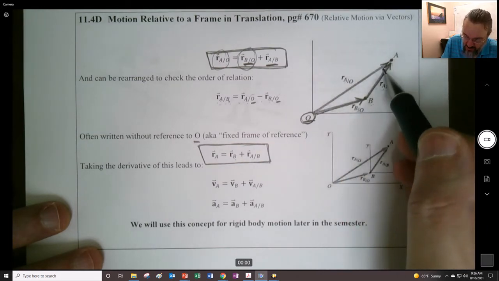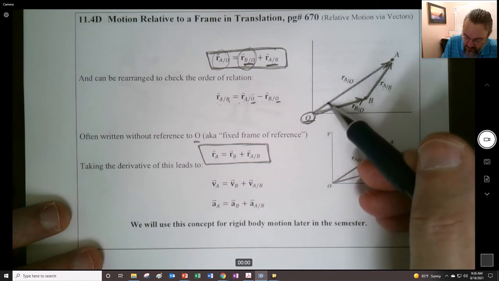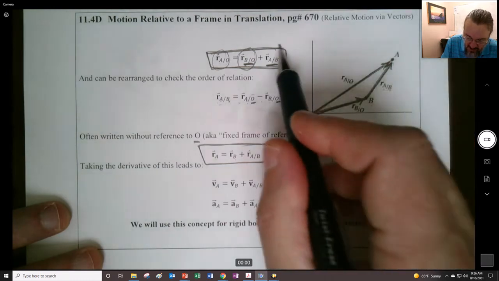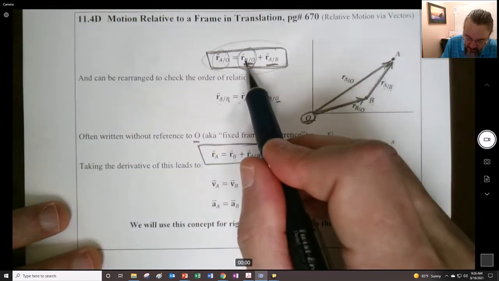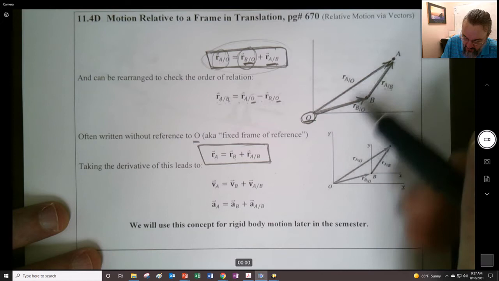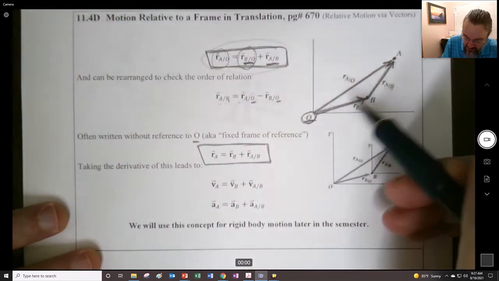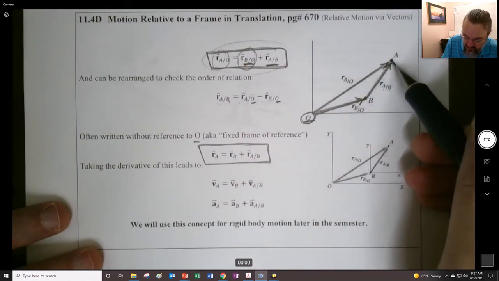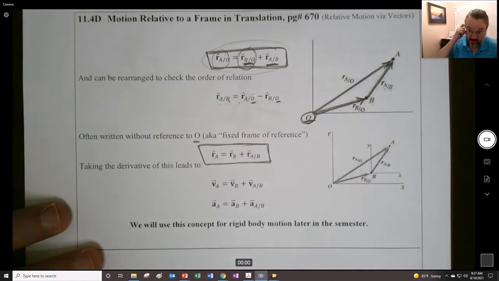That's at least the way that I remember doing it. To set up this equation where you're adding 2 vectors together, you go nose to tail from this one to that one, and then tail, tail, nose, nose on the other side of the equal sign.